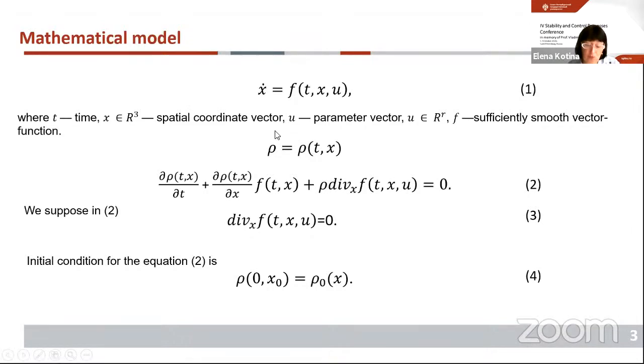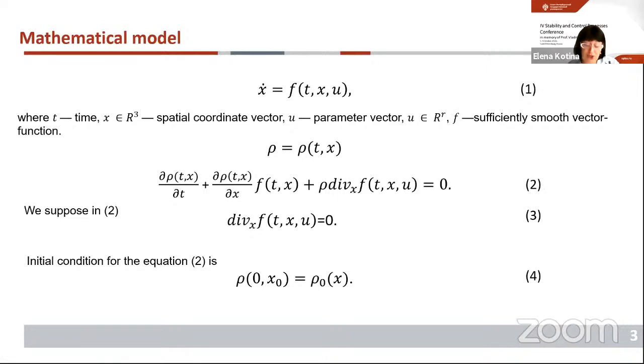Let rho be the distribution density function, a quantitative characteristic of the image brightness, depending on spatial coordinates and time, or the intensity of the distribution of radiopharmaceutical for PET dynamic studies. The equation, which for a given vector function f determines the change in the density function in space over time, has the form 2.